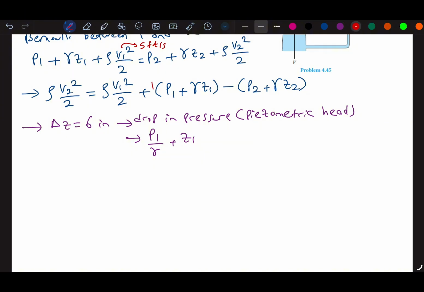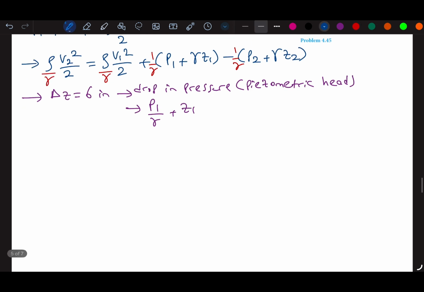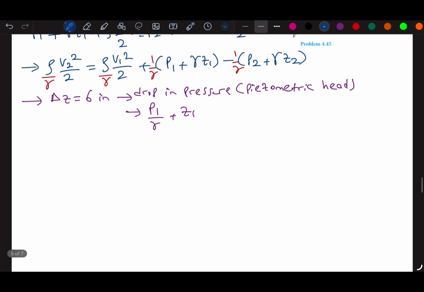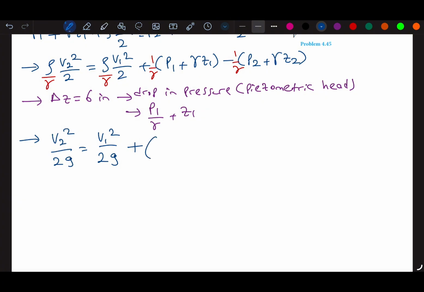So here, if we divide these terms by 1 over gamma, we will get V2 square over 2G equal to V1 square over 2G plus P1 over gamma plus Z1 minus P2 over gamma plus Z2.